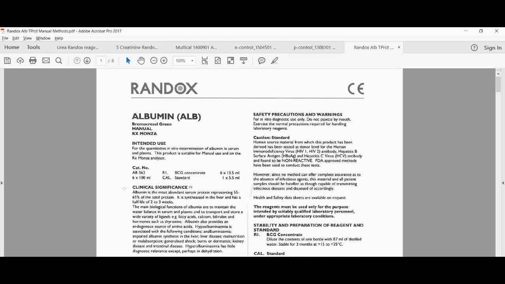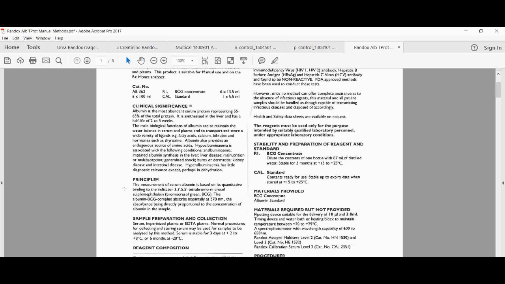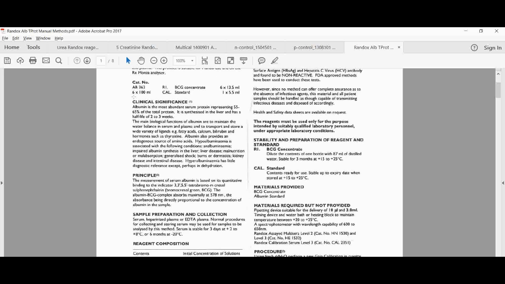Other information on this sheet is clinical significance, meaning what is the clinical significance of albumin in the human body. Here it gives a whole lot of physiological information explaining the purpose of albumin in the human body.